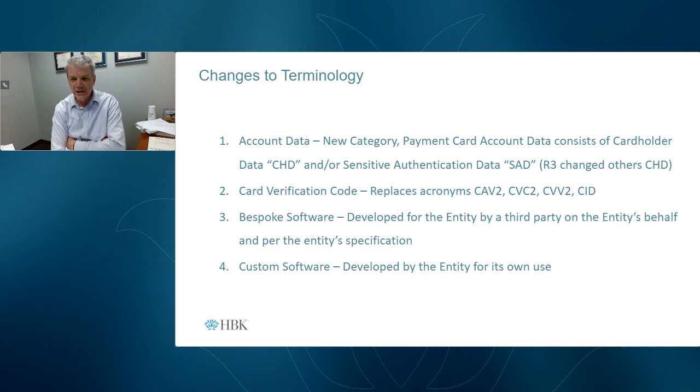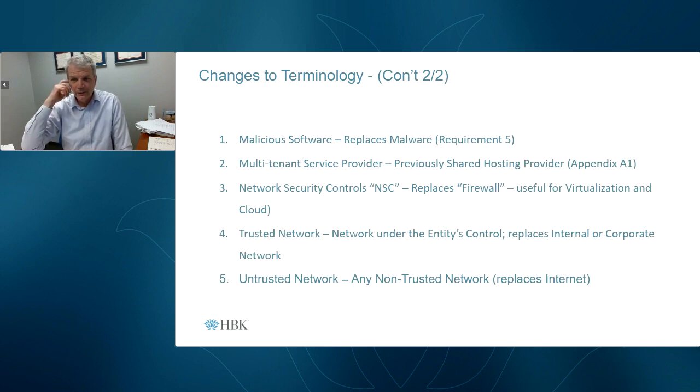They added 2 classifications of software: bespoke, which is developed for an entity by a third party based on the entity's specification, so you're telling them what to do, versus custom software, where you're developing by yourself, for yourself. They changed malware from requirement 5; it's now called malicious software. Shared hosting provider or shared service provider is now called a multi-tenant service provider.